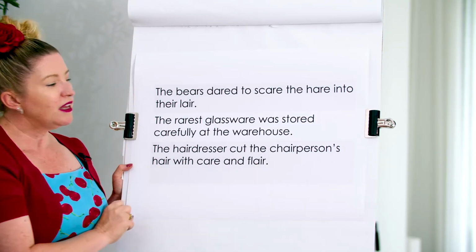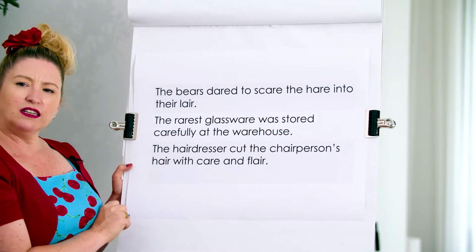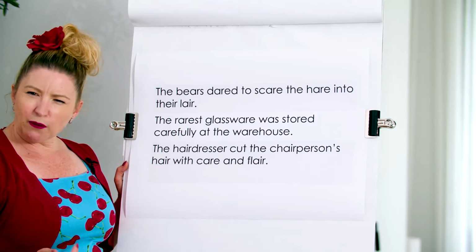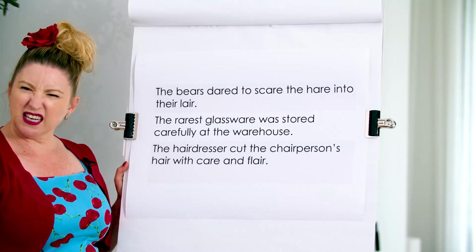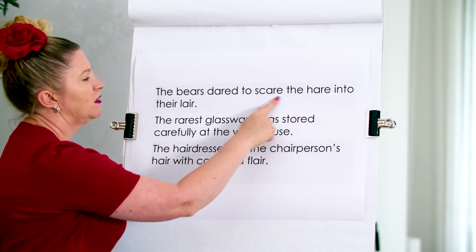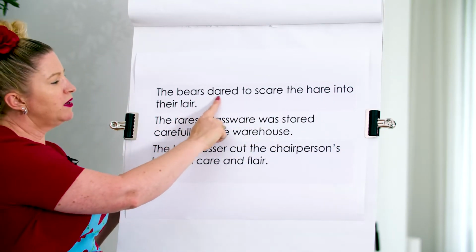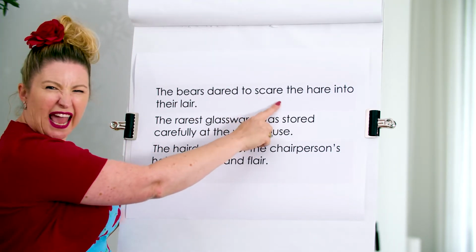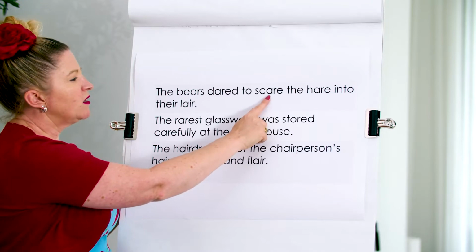Okay. Let's have a look at these sentences now and think about the verbs and if there's any more information that we know about what's happening in these sentences with the verbs. So in the first sentence, our verb is that the bears dared to scare. They dared to scare.